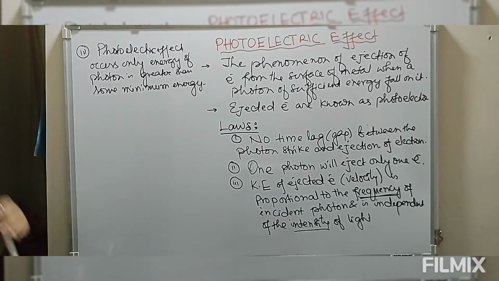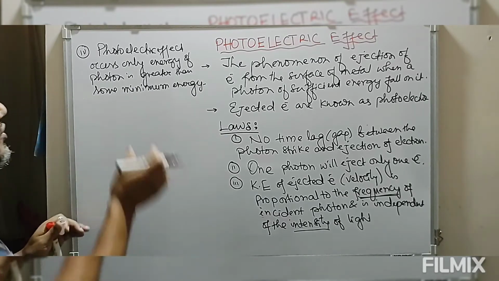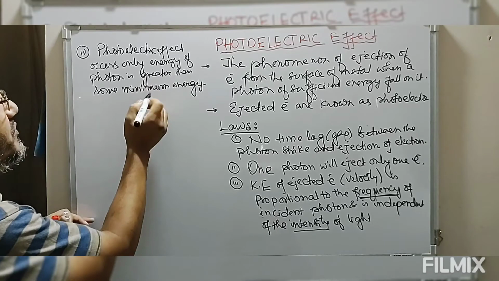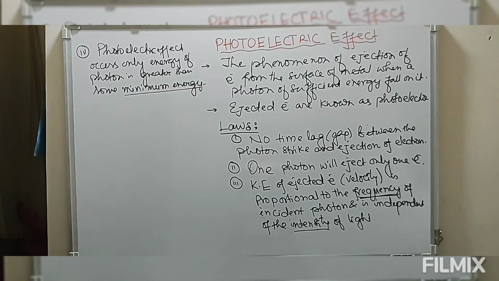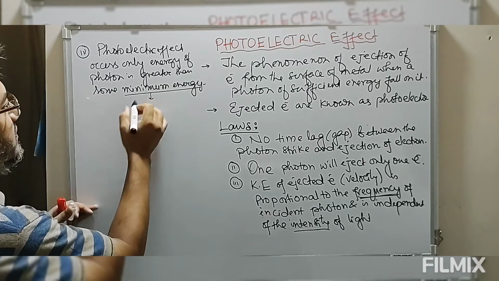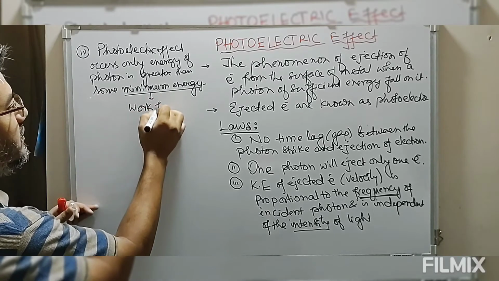So this photoelectric effect will occur only when the energy of the striking photon is greater than some minimum energy. This minimum energy required for the photoelectric effect to occur is known as the work function.